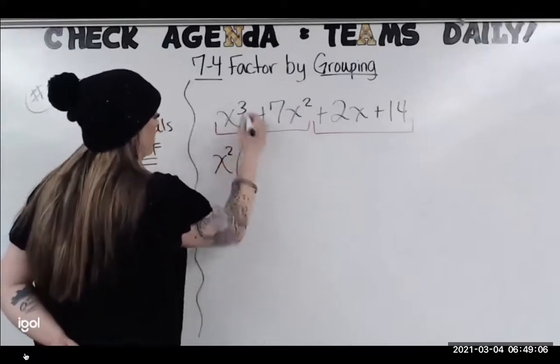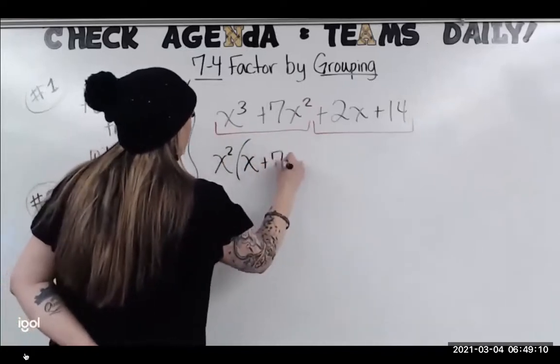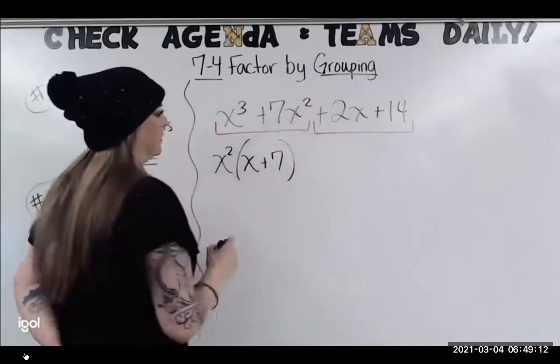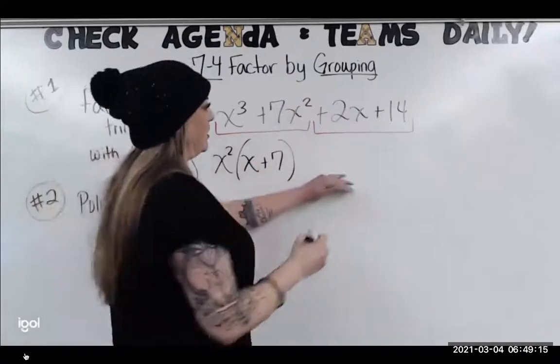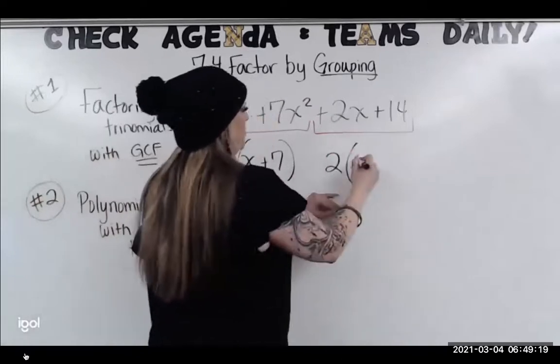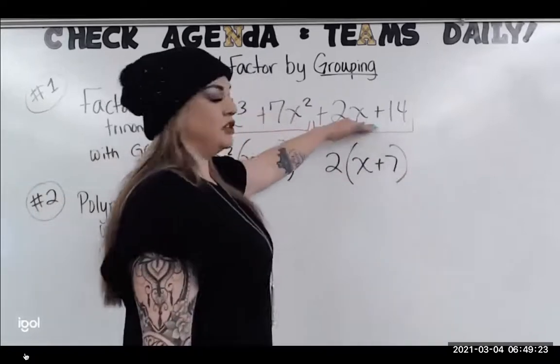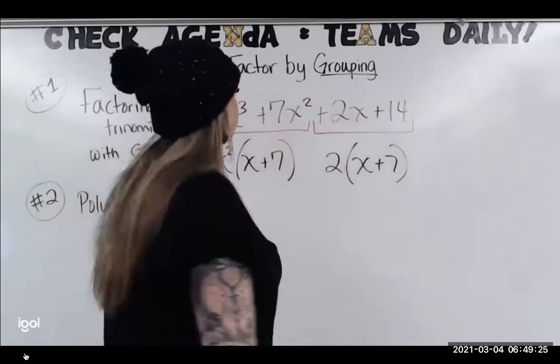Then we must multiply times x to get x cubed and times 7 to get 7x squared. Over here, the greatest common factor is 2. Multiply that by x and a positive 7, and that gets us back to 2x plus 14.